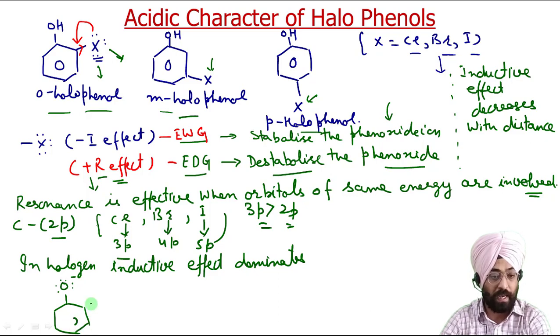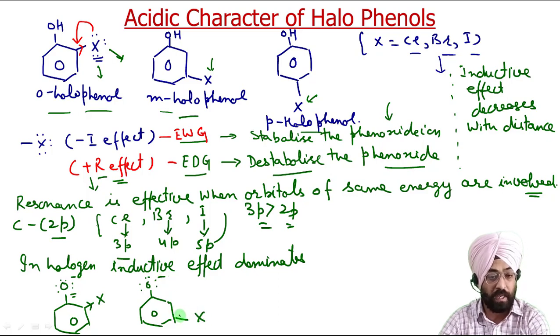Now when the halogen is at ortho position, it is closer to this, so it stabilizes the phenoxide ion more. If it is at meta position, its distance from O negative is greater than when it was at ortho position, so here its stabilization is less.